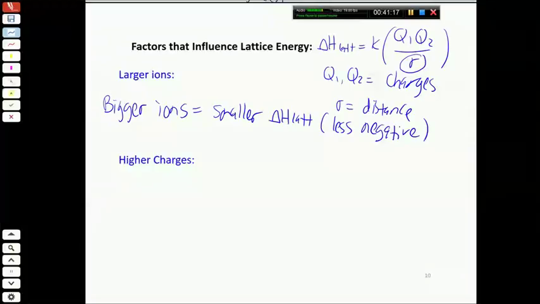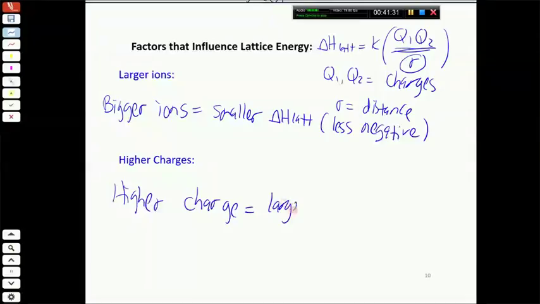And then if we increase the charge of the ions, that's this Q1, Q2 term here, the product of the charges, that will be directly related to the lattice enthalpy. Which means a more negative or larger lattice enthalpy when you have more charge in your ions.